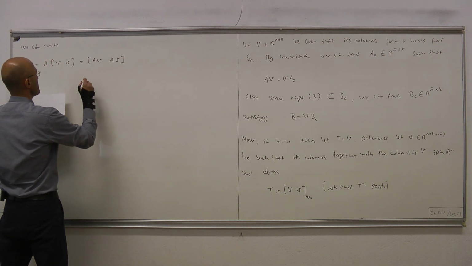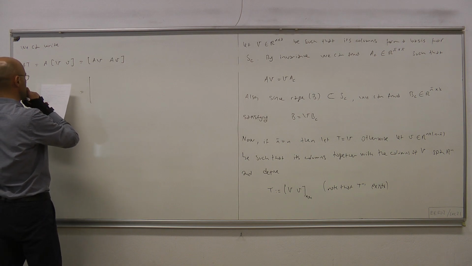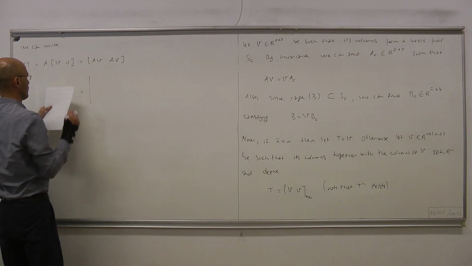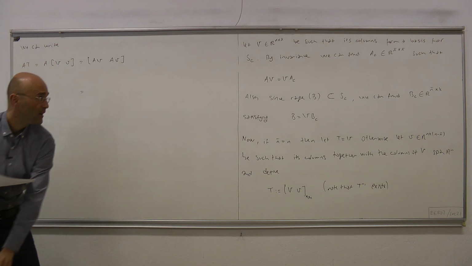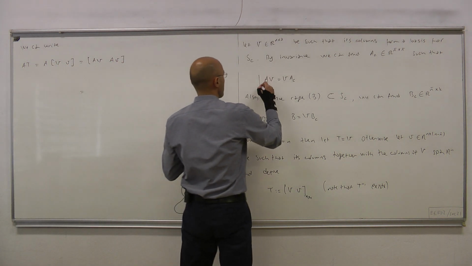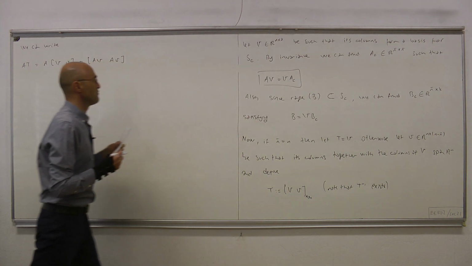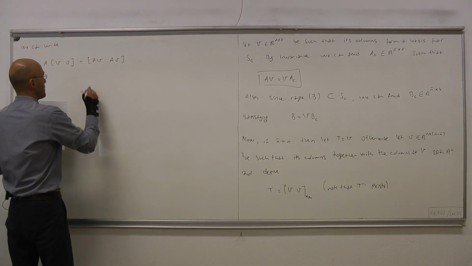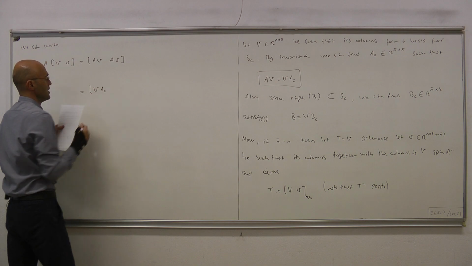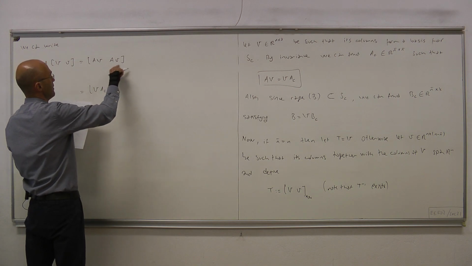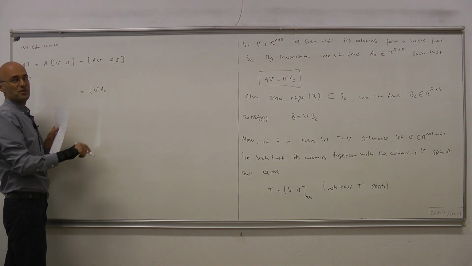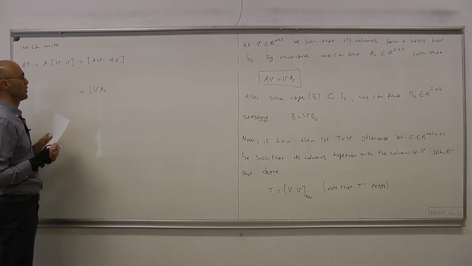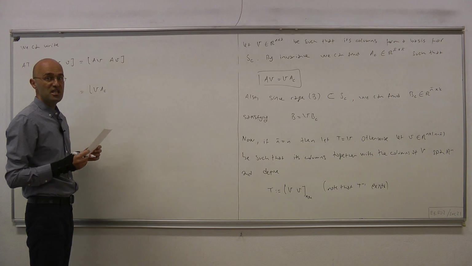Now we're going to use this thing here, AV equals VAC, and write VAC here. And for this AU, we write identity times AU, and identity we can write as T times T inverse.